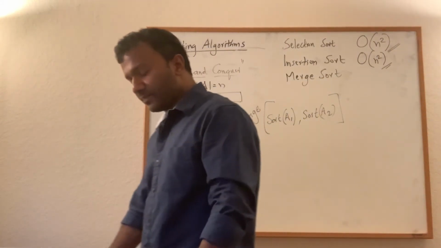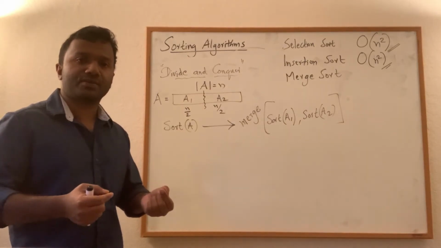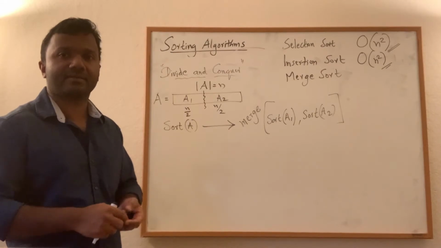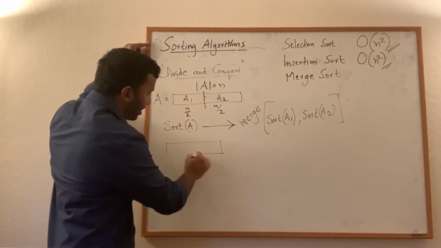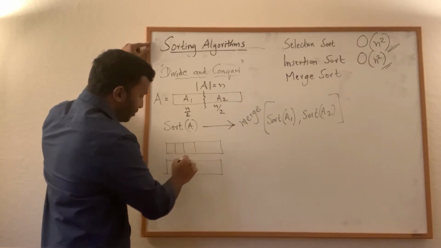The thing is, merging two sorted arrays is a much easier task than sorting. For example, suppose we have two arrays here, both are sorted.